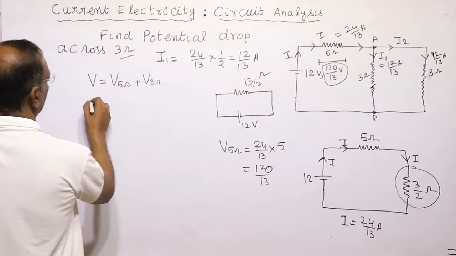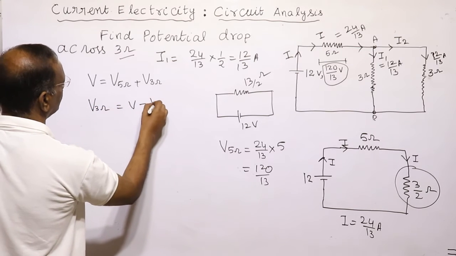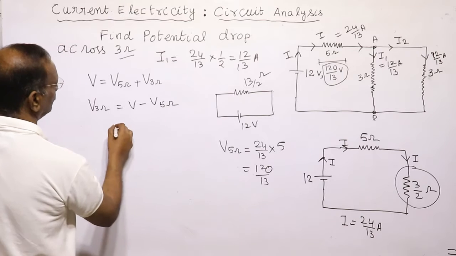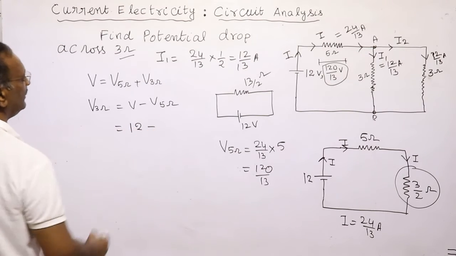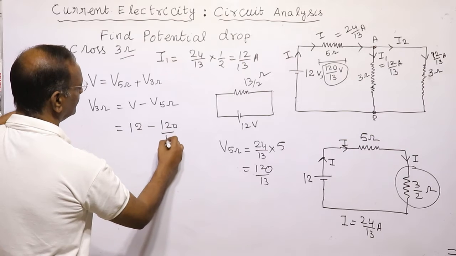So we want to find out V in 3 ohm, which is equal to V minus V across 5 ohm. V is equal to 12, and V5 is equal to 120 by 13.